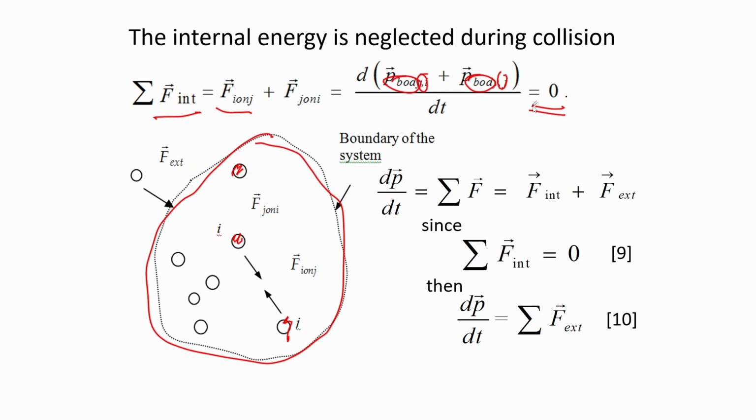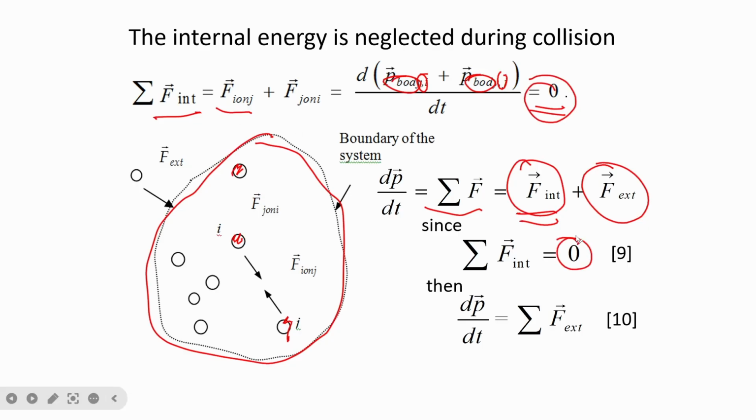Why is that? We're trying to remove the contribution of the internal reactions here. So dp dt is equal to the sum of the forces, which is the internal force plus the external force. Since we have set the internal interactions to simply cancel out to 0, the contribution to the momentum will be the external force.